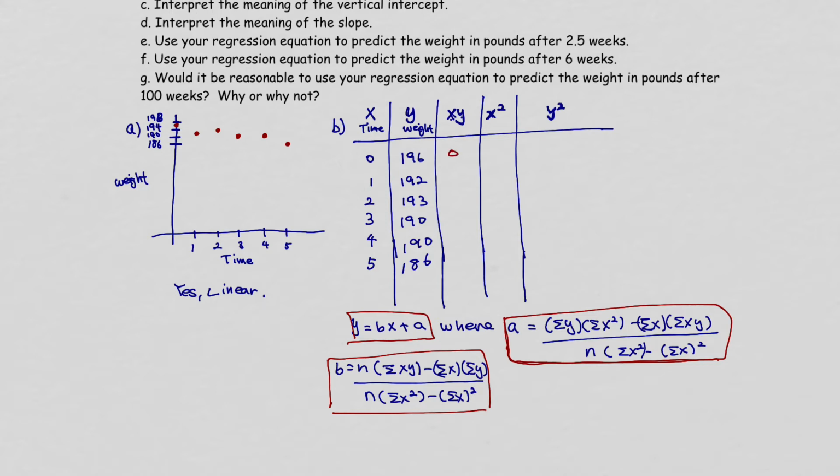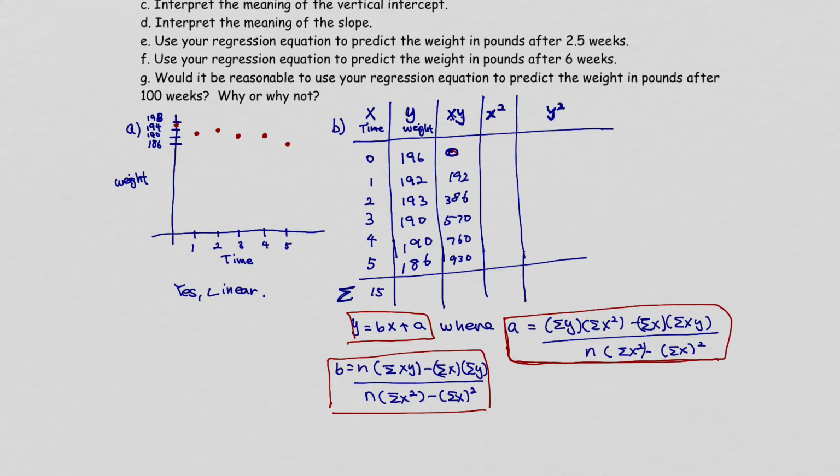And this is going to be 192. 2 times 193 will be 386. 3 times 190 will be 570. 4 times 190 will be 760. 5 times 186 is going to be 930. And let's see if we can find the sum of those numbers also. This symbol is summation, so you're going to add them up. So you're adding 0, 1, 2, 3, 4, 5, you're going to get 15.